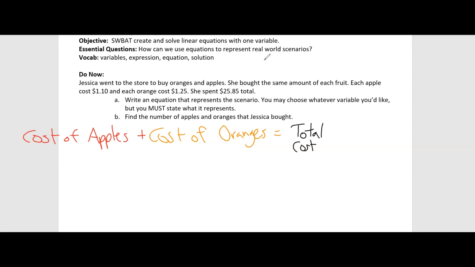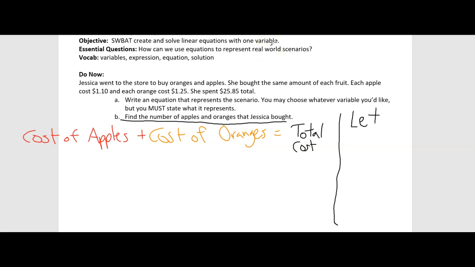But before we substitute in any variables and numbers for our word equation, we need to actually have a variable. So it doesn't give us a variable, but it does tell us what we're trying to figure out. It says find the number of apples and oranges that Jessica bought. Because that number is the same, there's not going to be a different number of apples than oranges. So the thing that we're trying to find is going to be our variable. And I'm just going to use F for fruit.